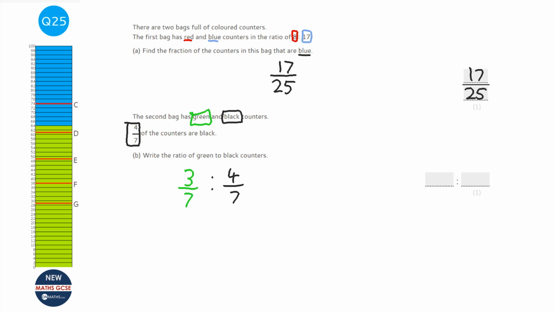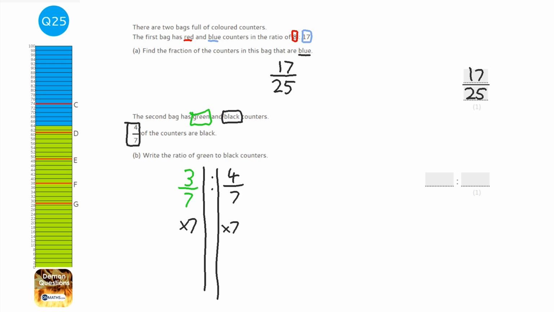So looking at that, I can put little lines down here, and I can times both sides by 7 to simplify the fraction, to simplify the ratio even. So when I times the left by 7, I get 3, and when I times the right by 7, I get 4. So the ratio of green to black, and be careful that you have it in the same order, so we need to have green then black, is 3 to 4. And make sure that it's in simplest form, which it is.